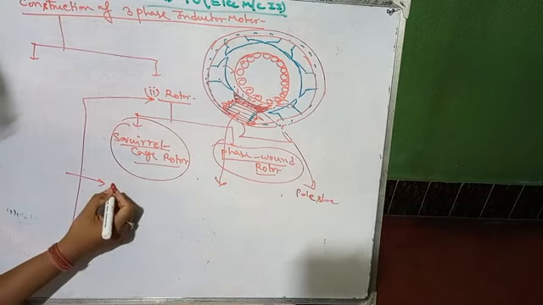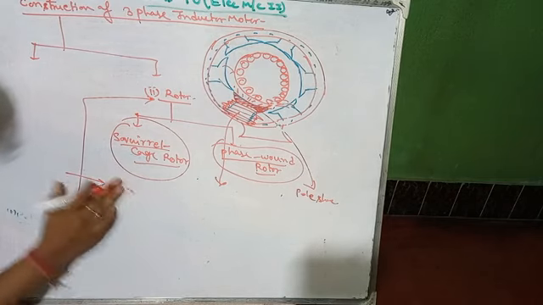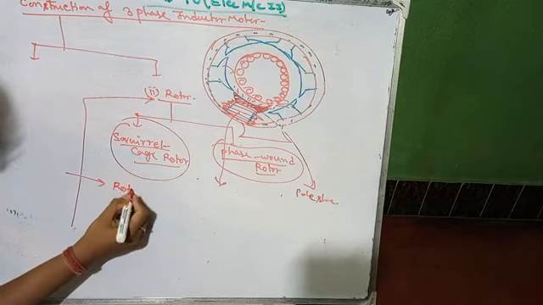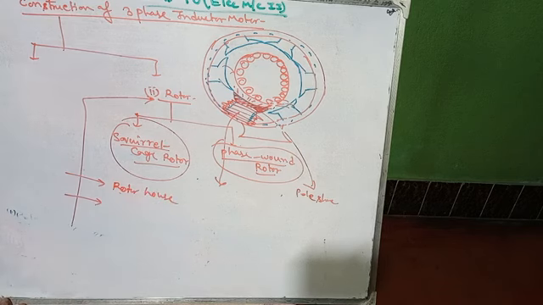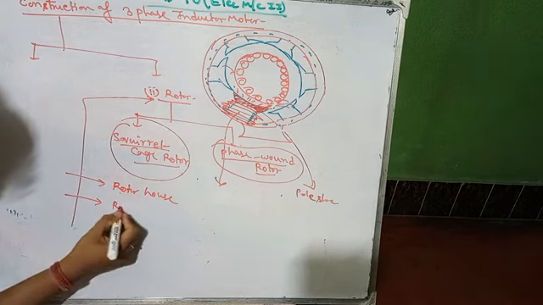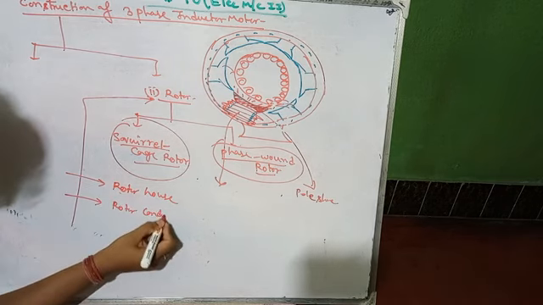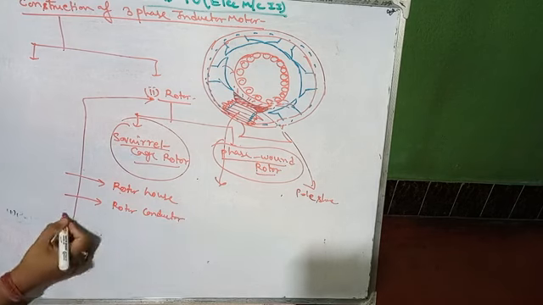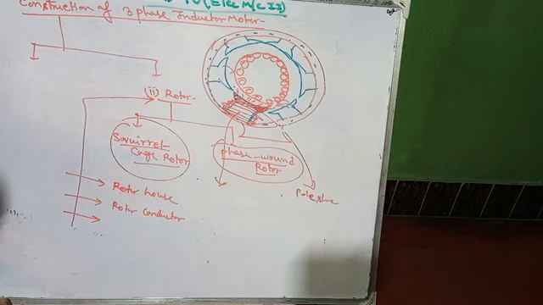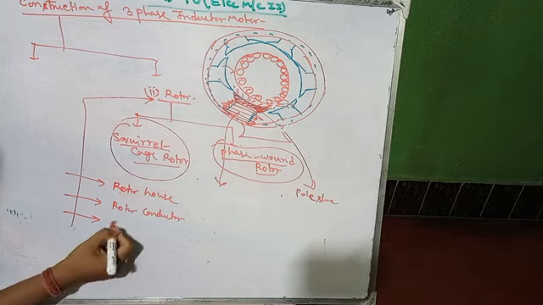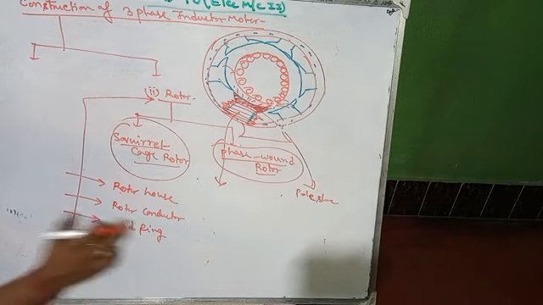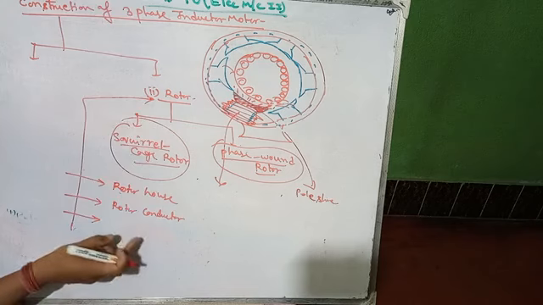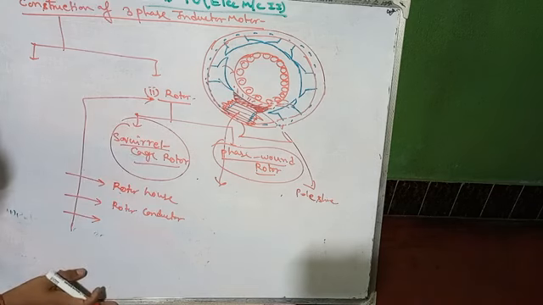Rotor consists of rotor house, rotor conductors, and end ring. It will come with the rotor conductor also.